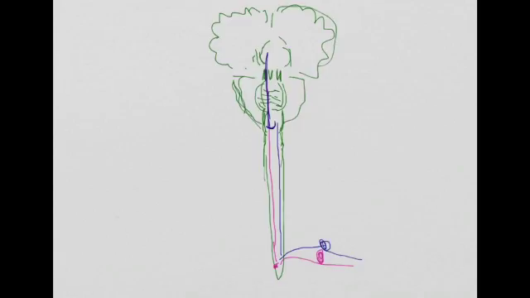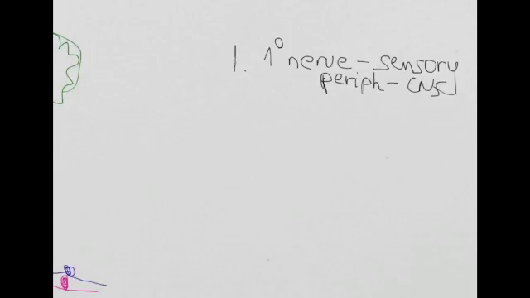Let's look at some rules of thumb relating to the ascending tracts. One, the primary neuron is always a sensory neuron which delivers the sensory information from the periphery to the central nervous system. Two, the secondary nerve or second order neuron is the one which decussates.